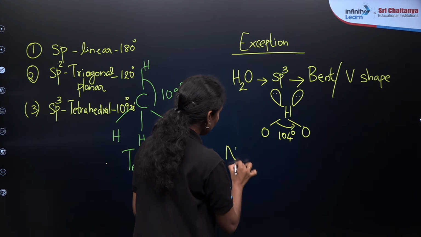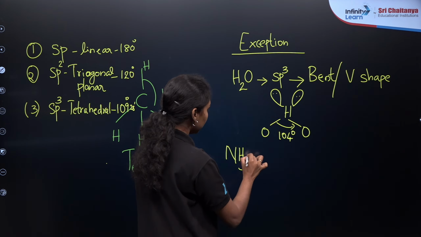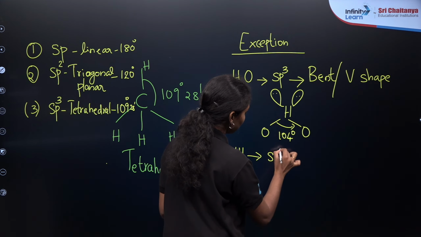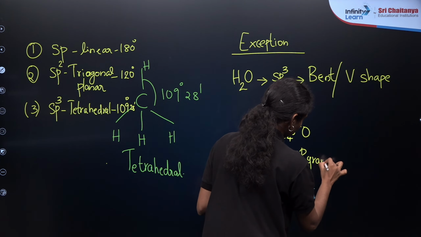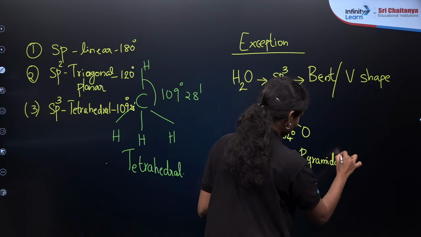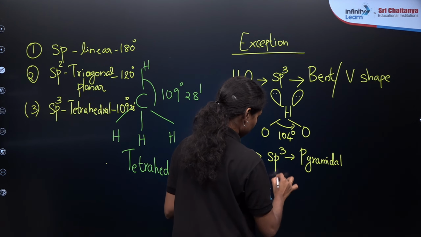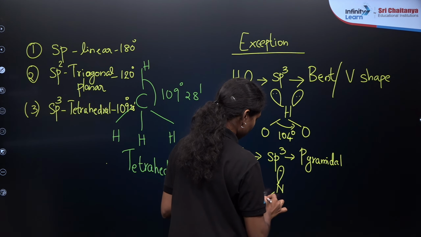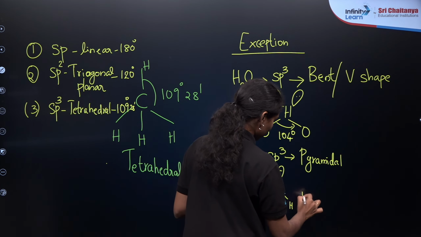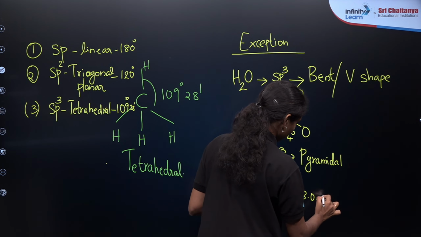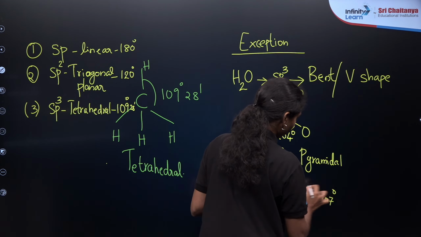Similarly, if you are asking about the case of ammonia molecule, NH3 molecule, it is again sp3 hybridization, but the shape is pyramidal, with a bond angle of 107 degree.